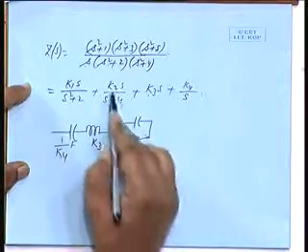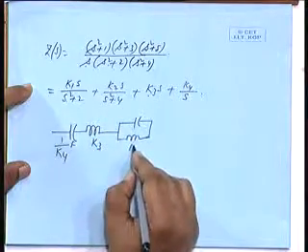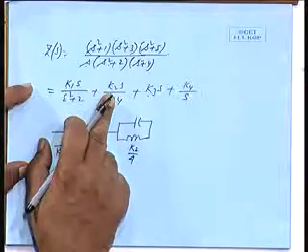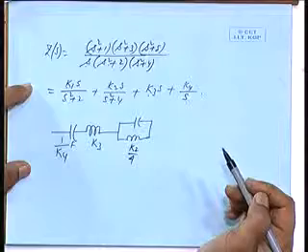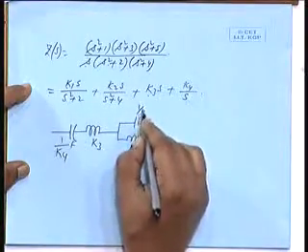How much is this when S tends to 0? K2 by 4 Henry, is that all right? And when S tends to infinity, it will be 1 by K2 farads.